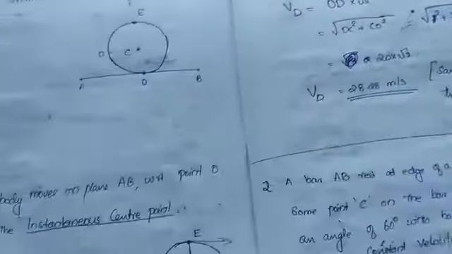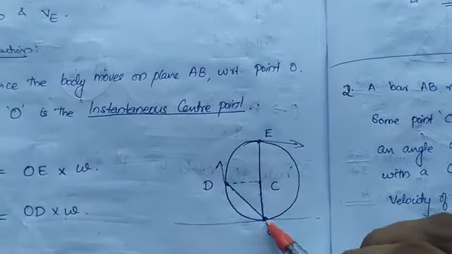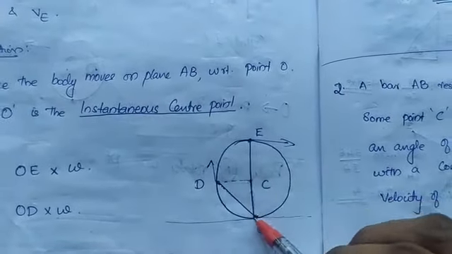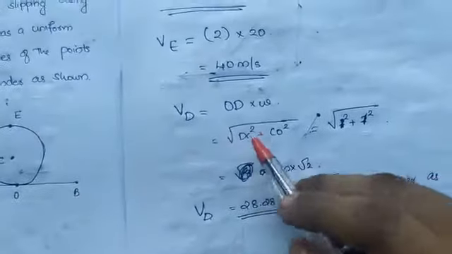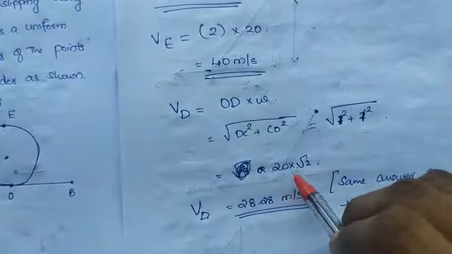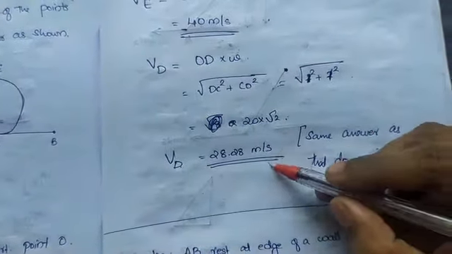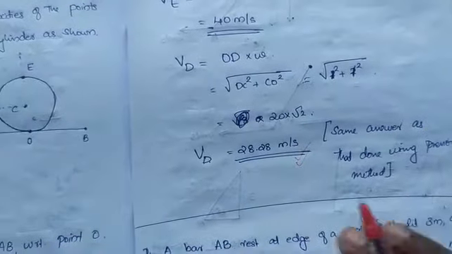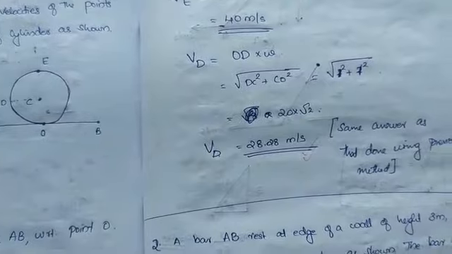Now VD is OD into omega. OD squared is 1 square plus 1 square, so OD is root of 1 square plus 1 square, and VD is 20 root 2. This answer will be the same as what we solved in our last session, so both give the same answer.